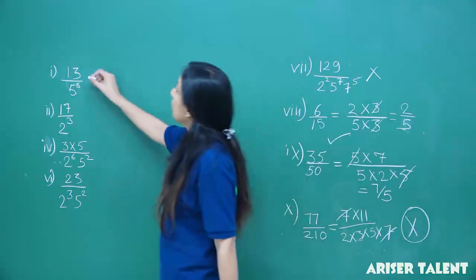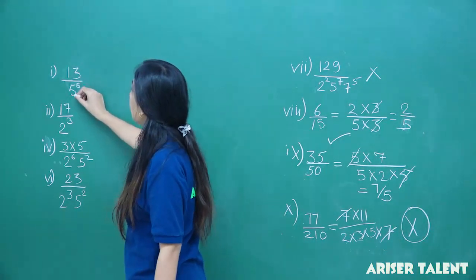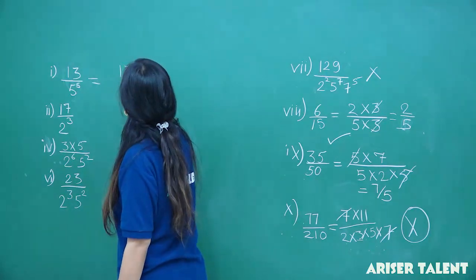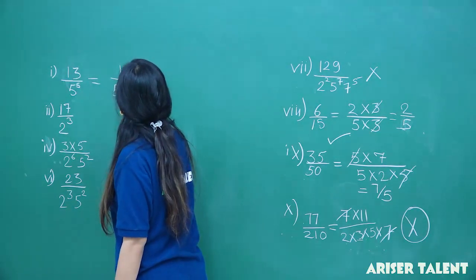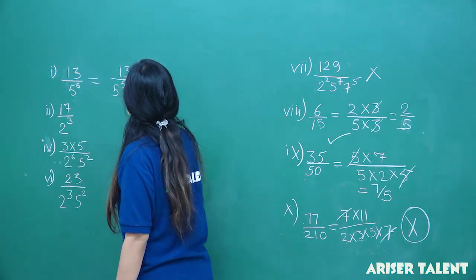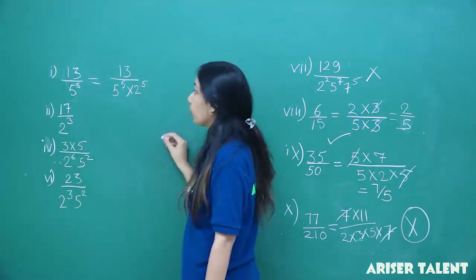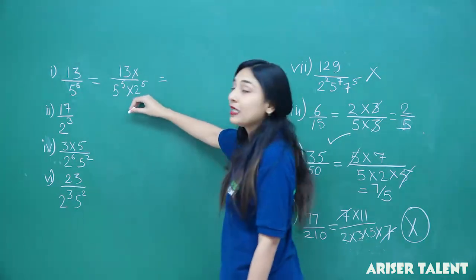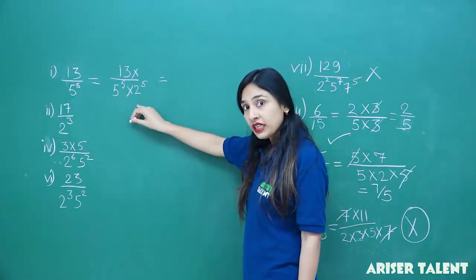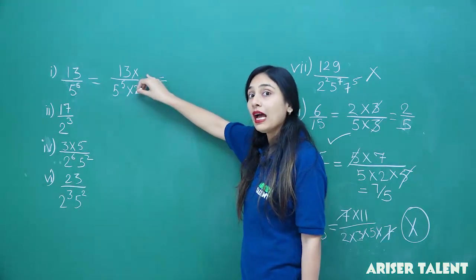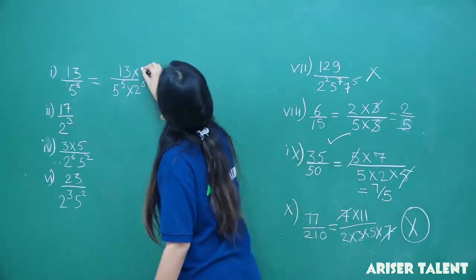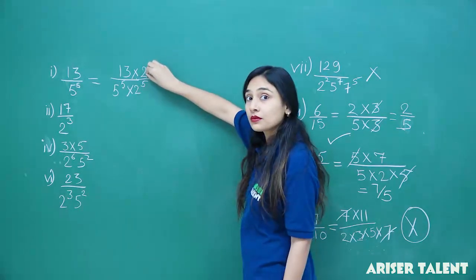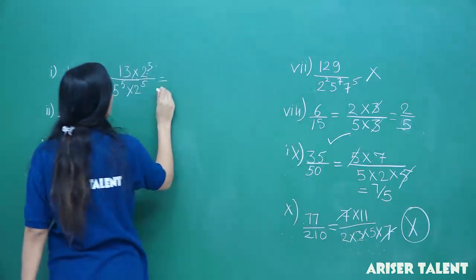Okay, so the first factorization, 13 upon 5 raised to power 5. So what we'll have to do? We'll just multiply it by 2 raised to power 5. Because we have multiplied 2 raised to power 5 in the denominator, we'll also have to multiply by 2 raised to power 5 in the numerator.